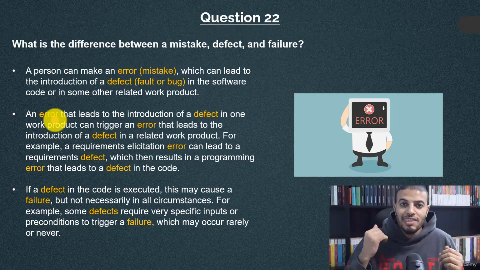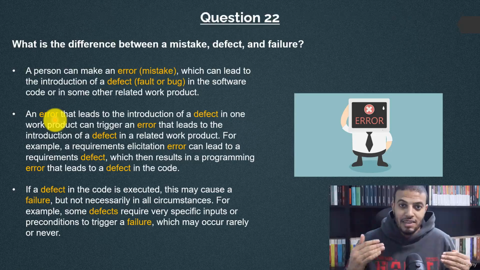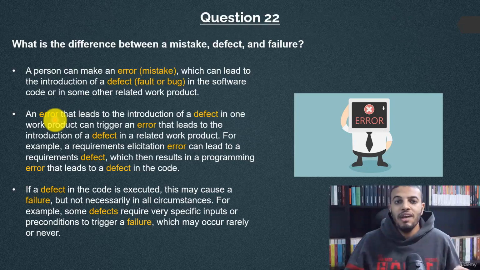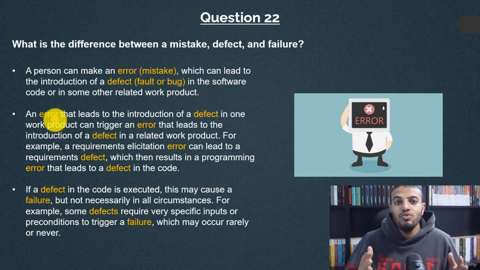And this defect caused an error done by the developer, okay? The developer read the user stories or the product backlog and began to implement them in a wrong way. So this is another error or mistake which will lead to a defect in the software itself, okay? In the system that will go to the tester in order to find defects in it.